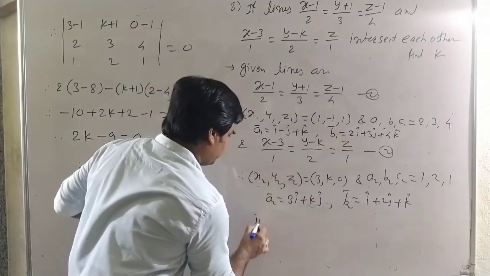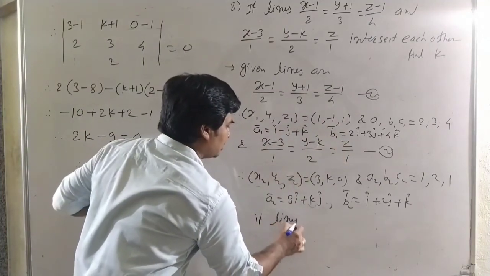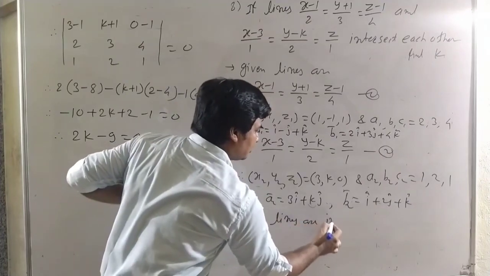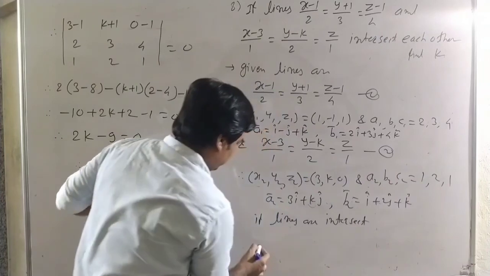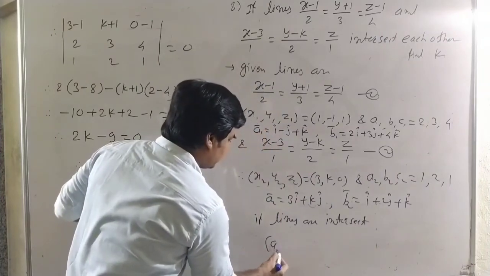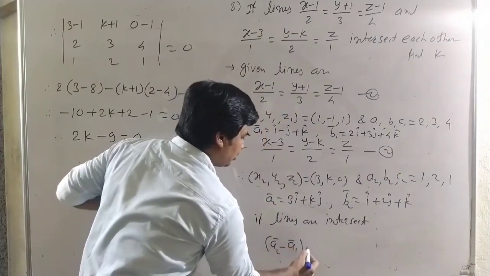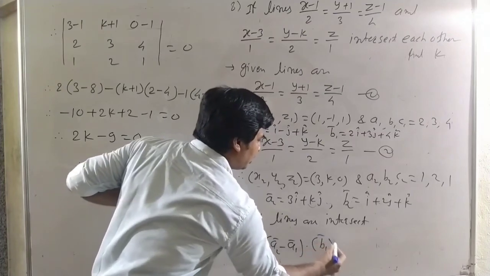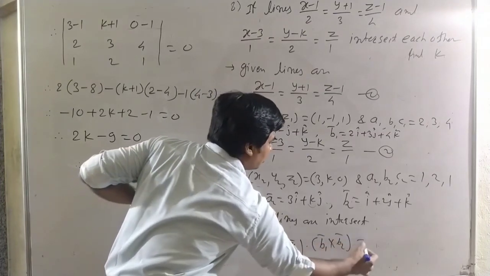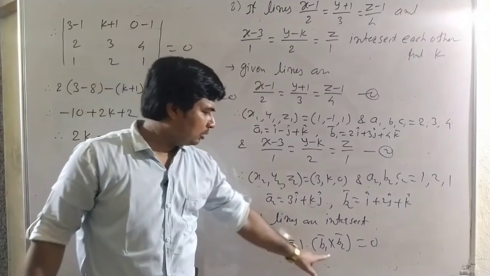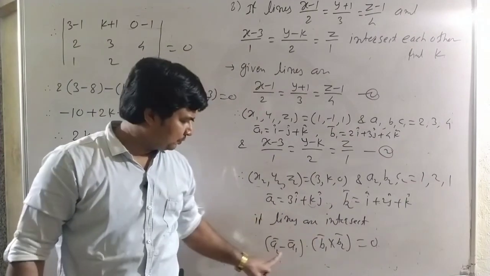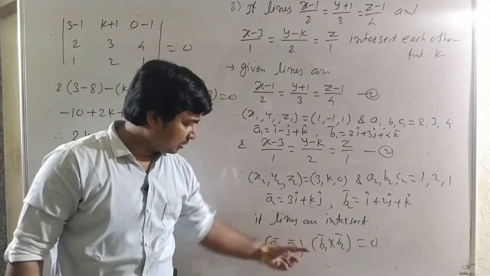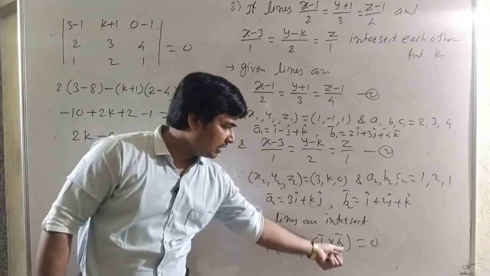If the lines intersect, then (a2 bar minus a1 bar) dot (b1 bar cross b2 bar) is equal to 0. That means the dot product of these two vectors is 0. Here also it is a vector form, so it is first vector, second vector and third vector.